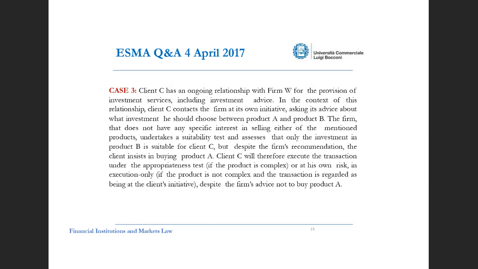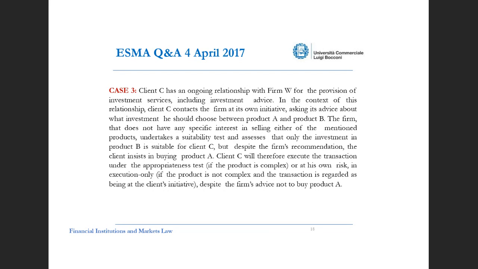Now clearly the difference between this case and the one that we saw before lies in the fact that in this situation, the firm has clearly advised the client not to proceed with the transaction because it was not suitable. But at that point, the client, after having received that advice, closes the investment advice phase with the investment firm and then executes the transaction under a reception and transmission of orders.